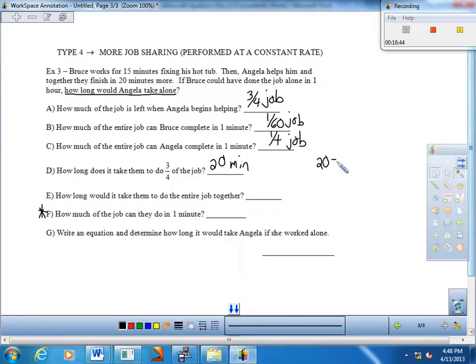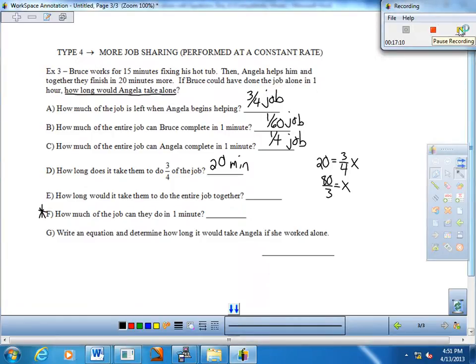Everyone okay with the way I said that? So this 20 minutes right here is equivalent to 3/4 of the time for the entire job. So I'm going to do it just like that. And so if I divide by 3/4 or multiply by 4/3, I'm getting this, very quick one here.